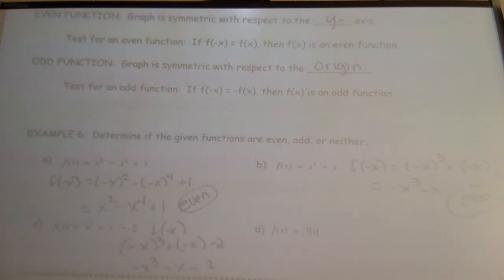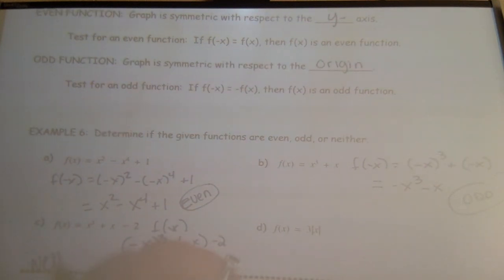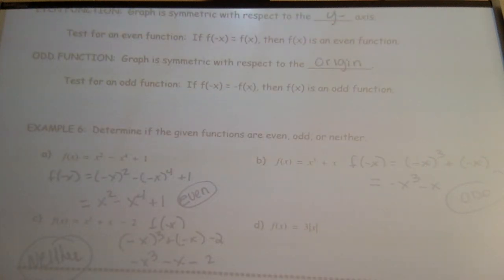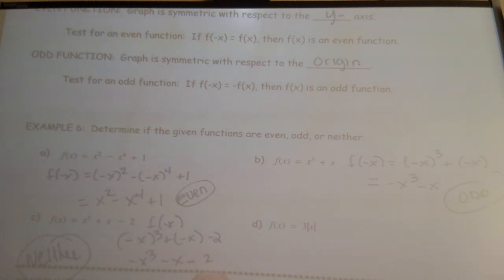And that 2 is negative 2. Is that the original function? Are all signs switched? No. So this is neither. These two changed, but that negative 2 still stayed negative.